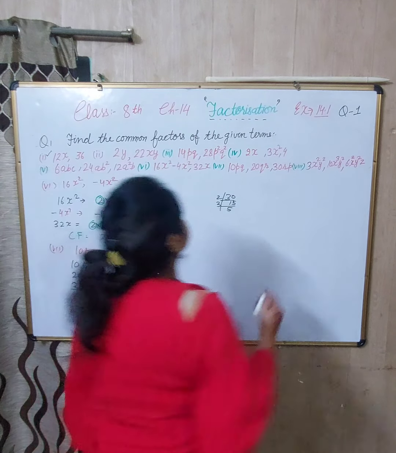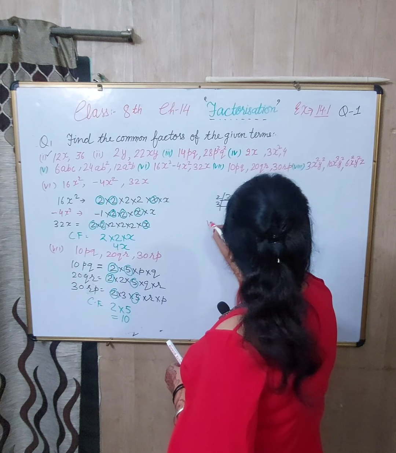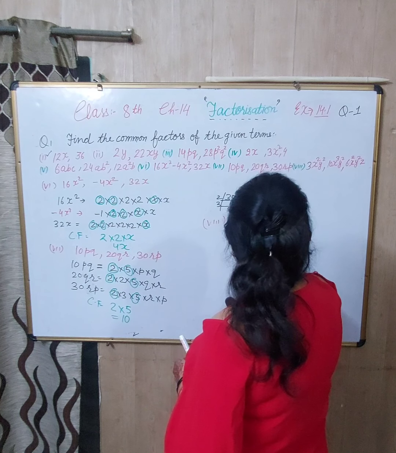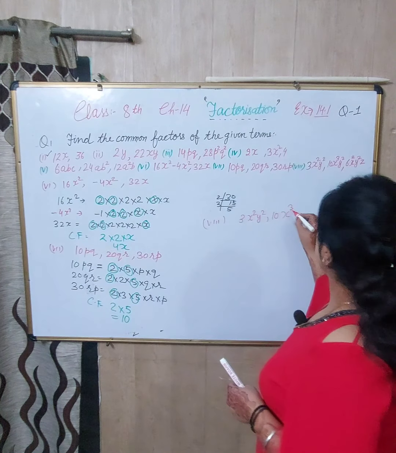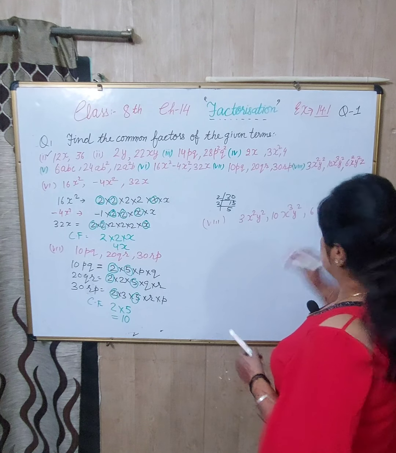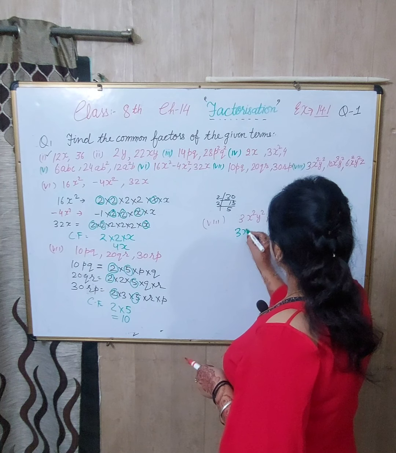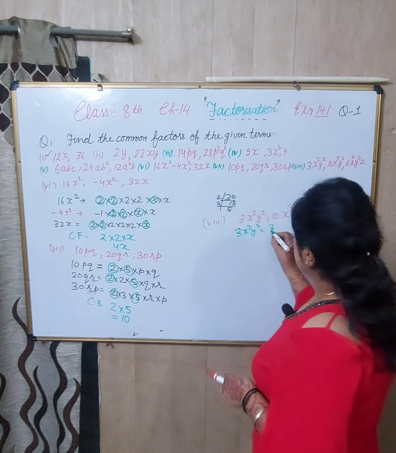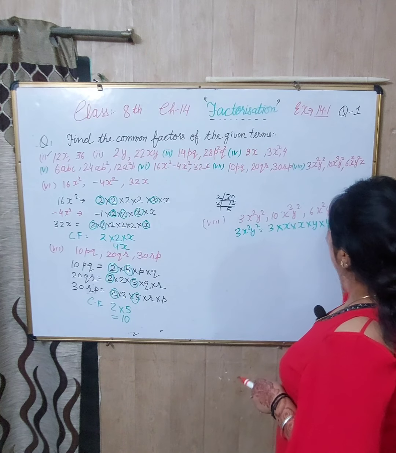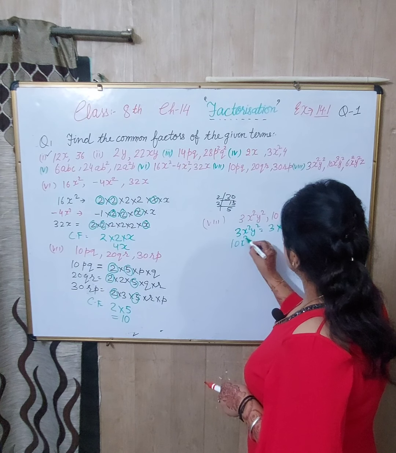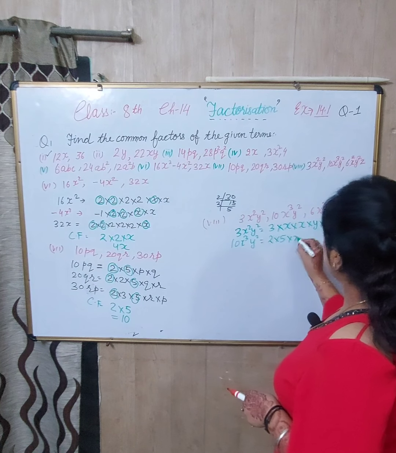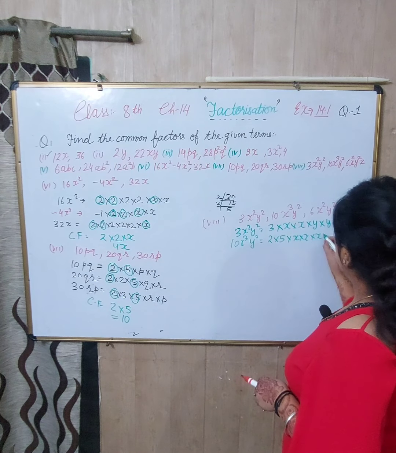Now next is your 8: 3x square y square, 10x power 3 y square, and 6x square y square z. 3x square y square you can write as 3 multiply x, multiply x, multiply y and multiply y. 10x cube y square is 2 multiply 5, 3 times x and 2 times y.